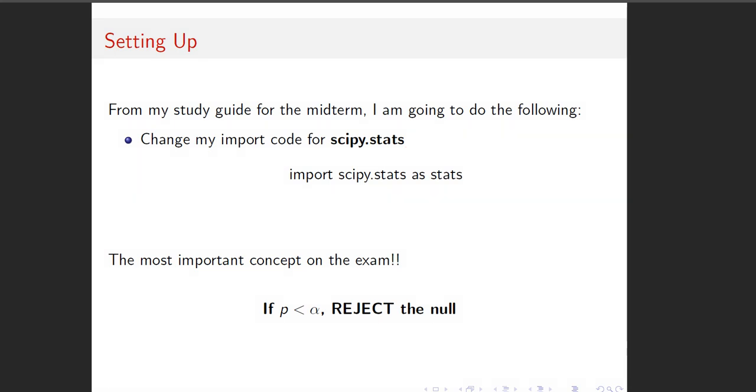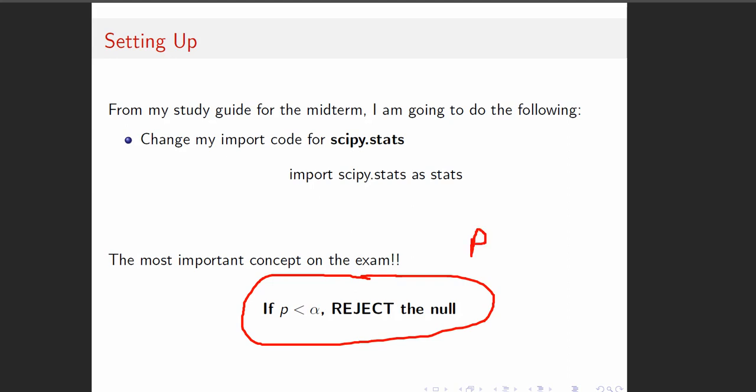And then I just want to point out the most important thing on the exam is getting the rejection criteria correct. And if we have a p-value, I want you guys to be careful about this. If we have a p-value of 3.3 and then there's a bunch of numbers, but at the end we get e to the minus 12, this means it just switched to scientific notation.